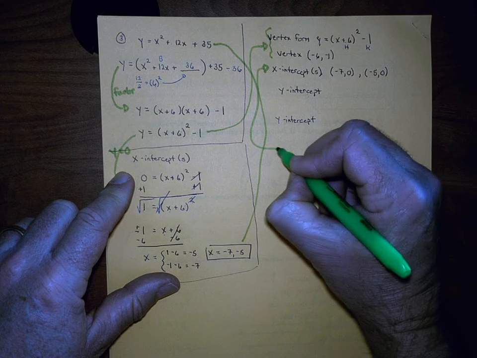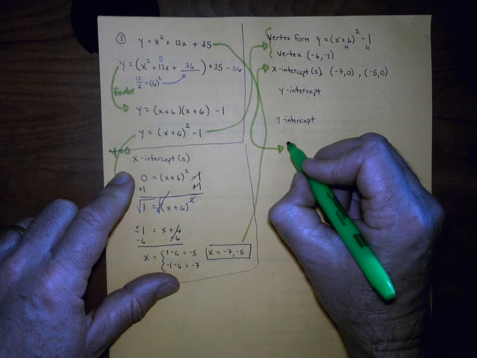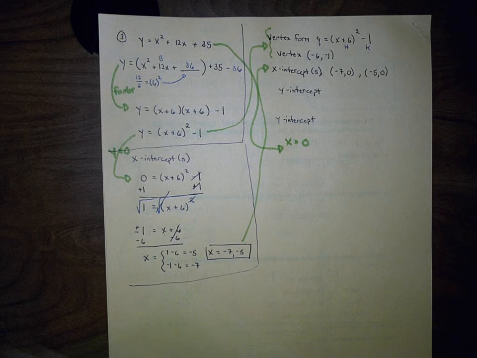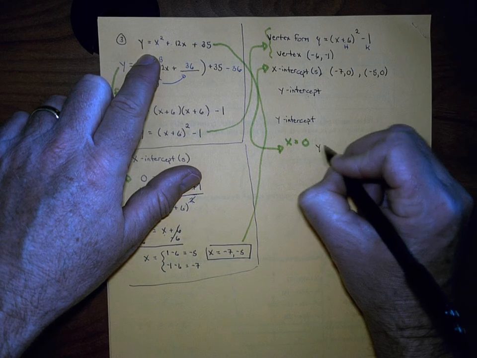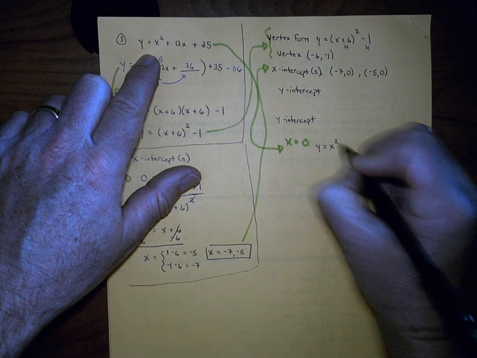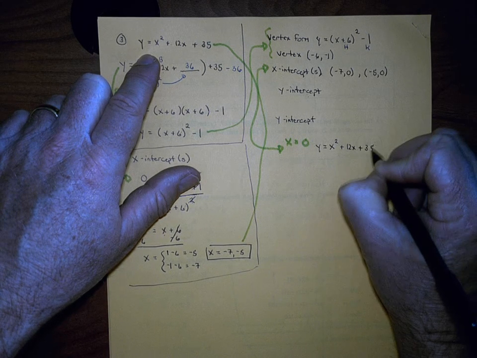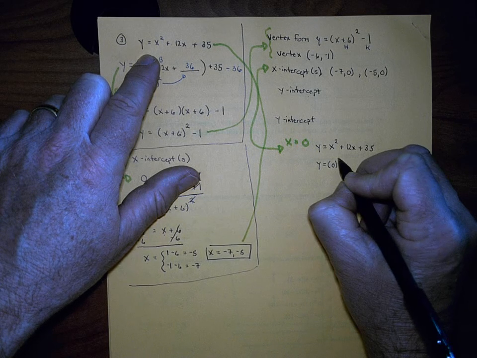And when you find your y-intercept, you make x equal to 0. So your original equation in standard form is y equals x to the second power plus 12x plus 35. Change all the x's to 0, and whatever that equals is your y-intercept.